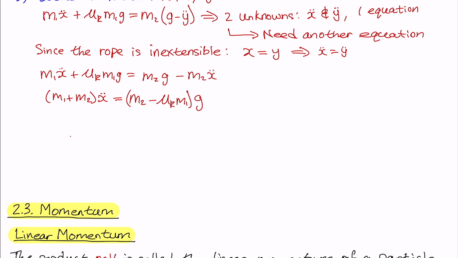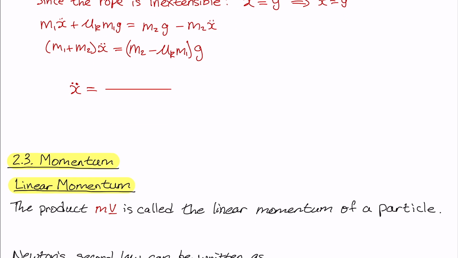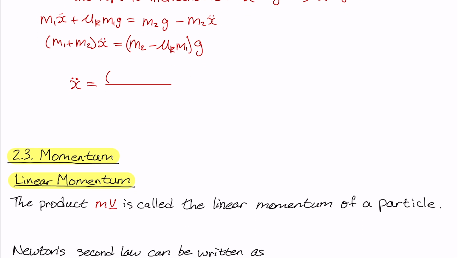Then we'll find that the acceleration x double dot, we're just going to divide by m1 plus m2, is equal to the quantity m2 minus mu k m1, all of that multiplied by g, divided by m1 plus m2.